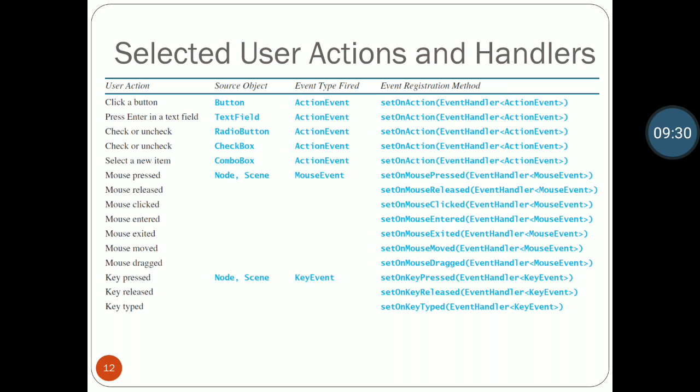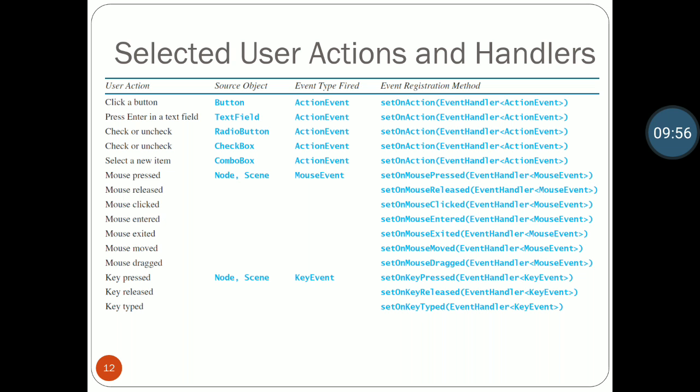Let's take an example of each. First, click a button. If you are clicking an OK button, that will be your event. Second, press enter in a text field. If you are typing a password and then pressing the enter button, that will be an event. Checkbox, uncheck box, select a new item.